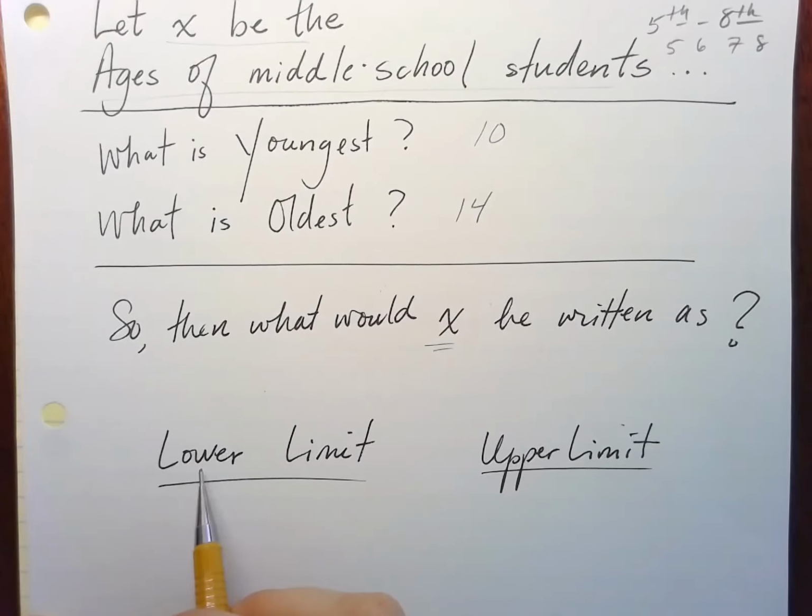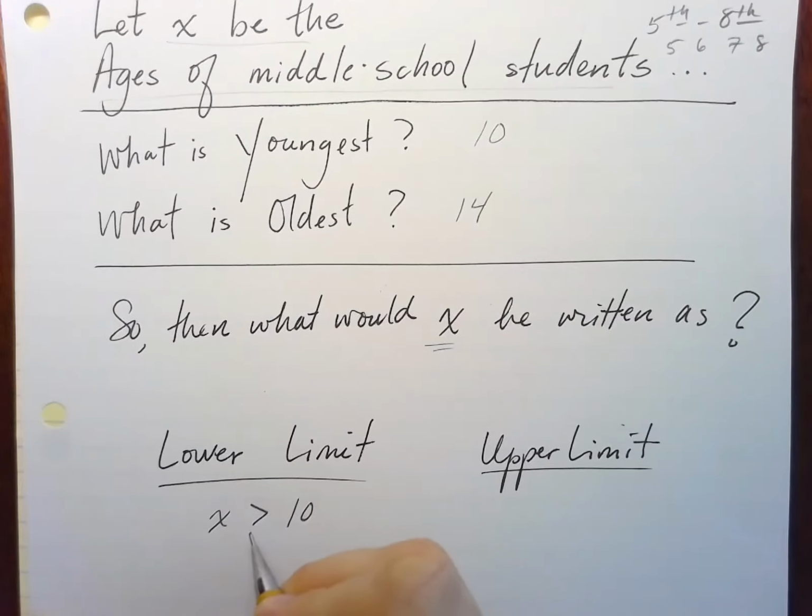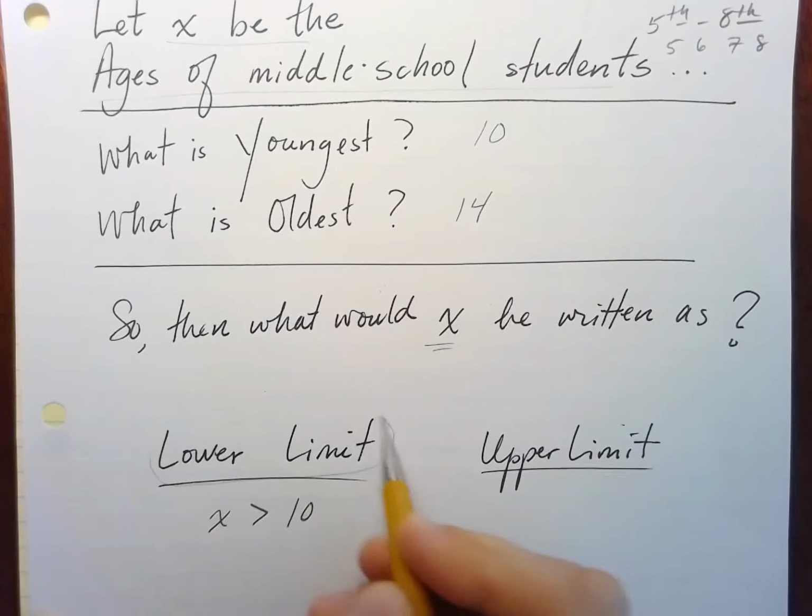We do not have any 7-year-olds in middle school. So we know that X definitely has to be greater than 10, right? Nobody's in middle school if they're 9 or 8 or 7 or lower, or younger, I mean. So the lower limit is X has to be greater than 10.